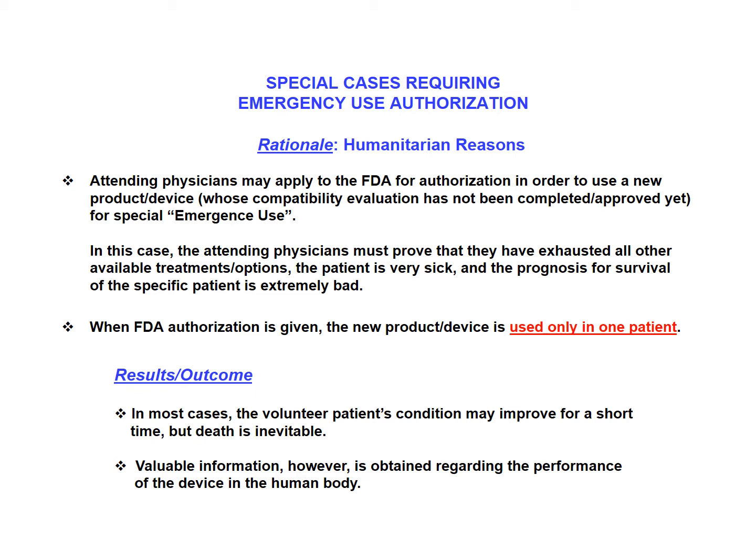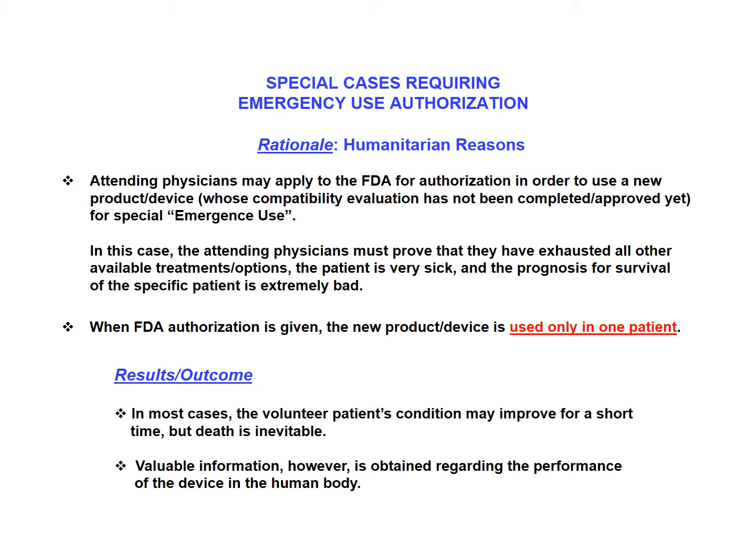An example of such a particular emergency use authorization was the first time when the artificial heart was implanted to replace the heart of a patient whose condition was very, very bad. This was a case in the 70s, and it was a patient who was treated in a hospital in South Africa.